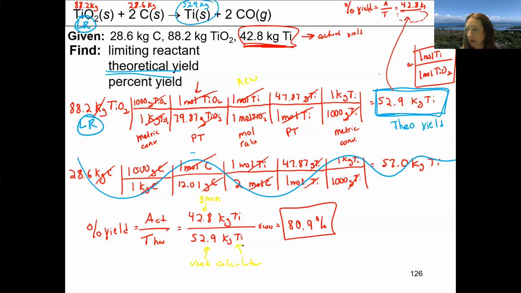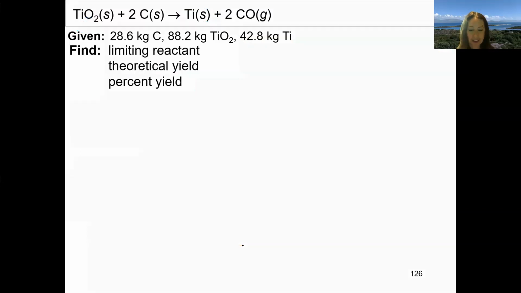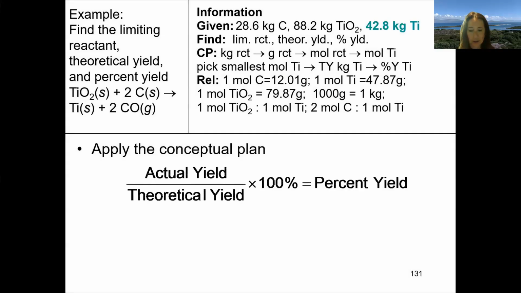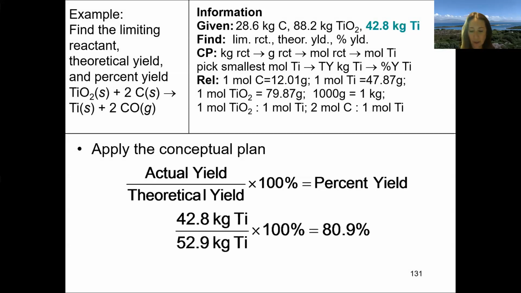Okay, any question about where any of these numbers came from or how any of this works? Questions? Feeling pretty good on this? Yeah? Stoichiometry. It's actually kind of fun. Okay. So this is just what we did, and we got 80.9% yield. So, hey, we did it right with our calculator, right?